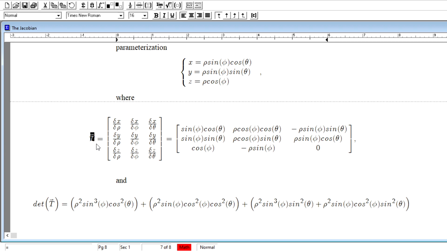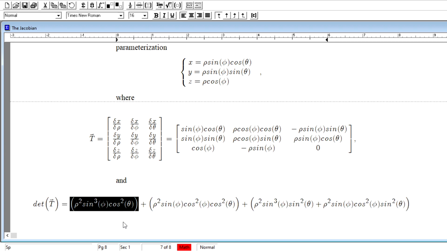Now, if you remember how to calculate a determinant for a 3 by 3, it is the product of this component times the cross product of this with this minus this times that, right?